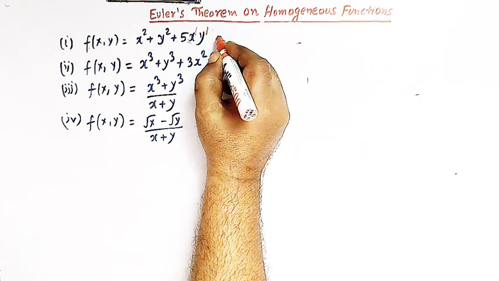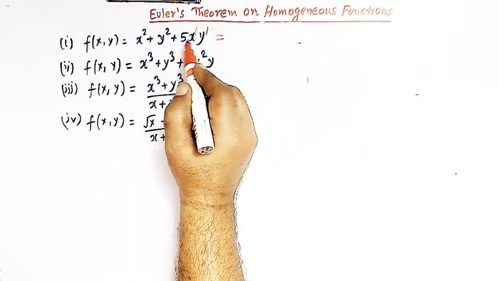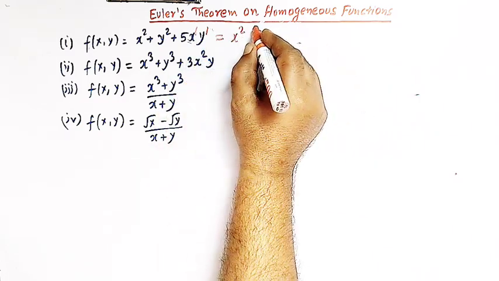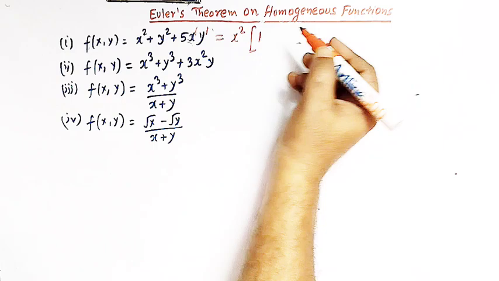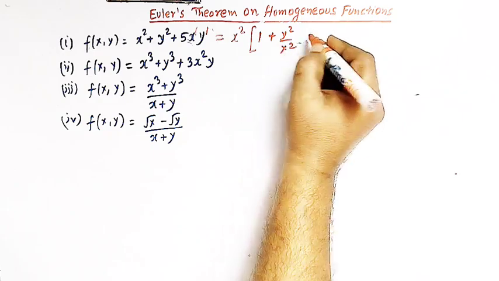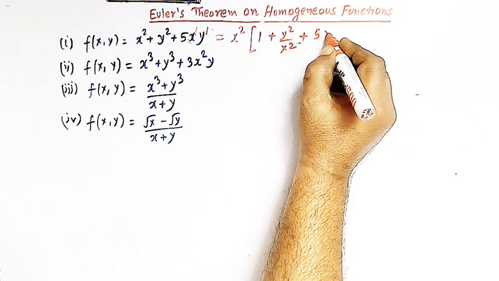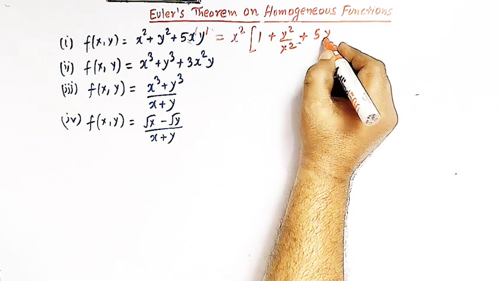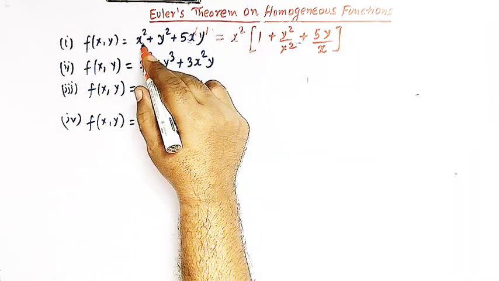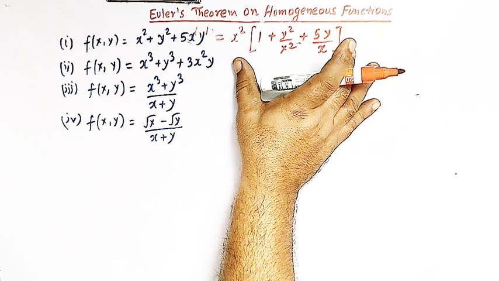Right? So let us take x square common from these three terms. So we can now write x square, and here we have 1, and then y square over x square, and here we have simply 5y over x. Taking x square common from these three terms, we have this expression.